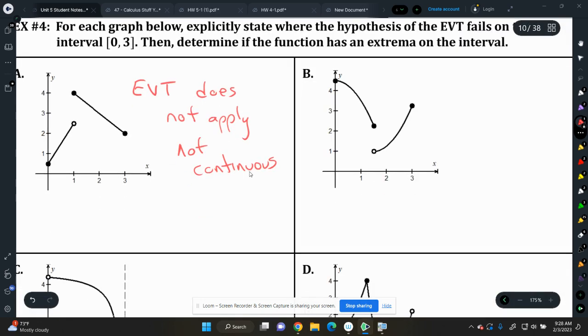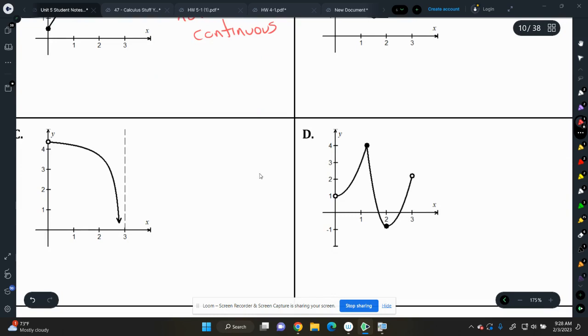How about C? Does the extreme value theorem apply? It does not apply because we have open intervals. And then here, the same thing. We have open intervals there, so it does not apply on that open interval.